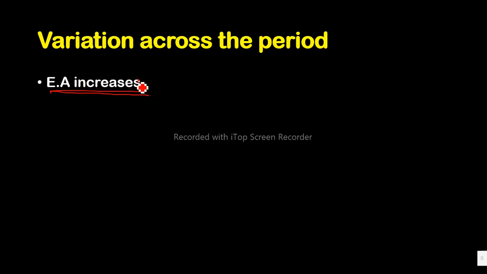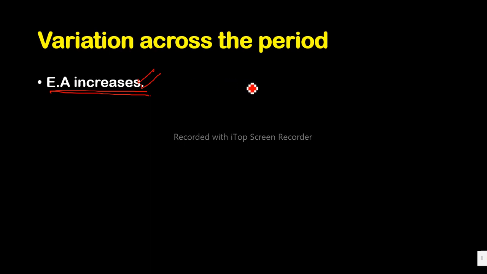And this should be the very first statement to write. You first tell us how it is going to vary. Is it going to increase or decrease? That should be the first thing you tell us.